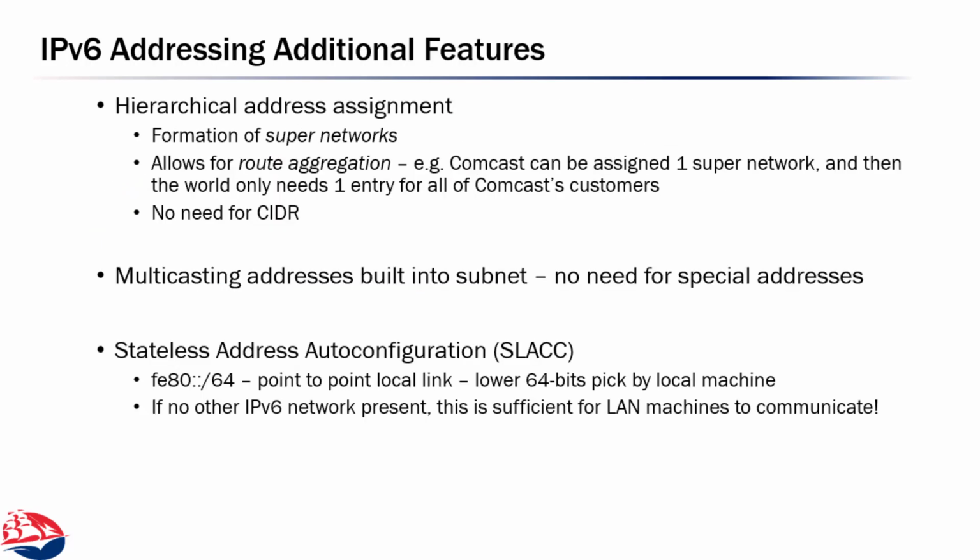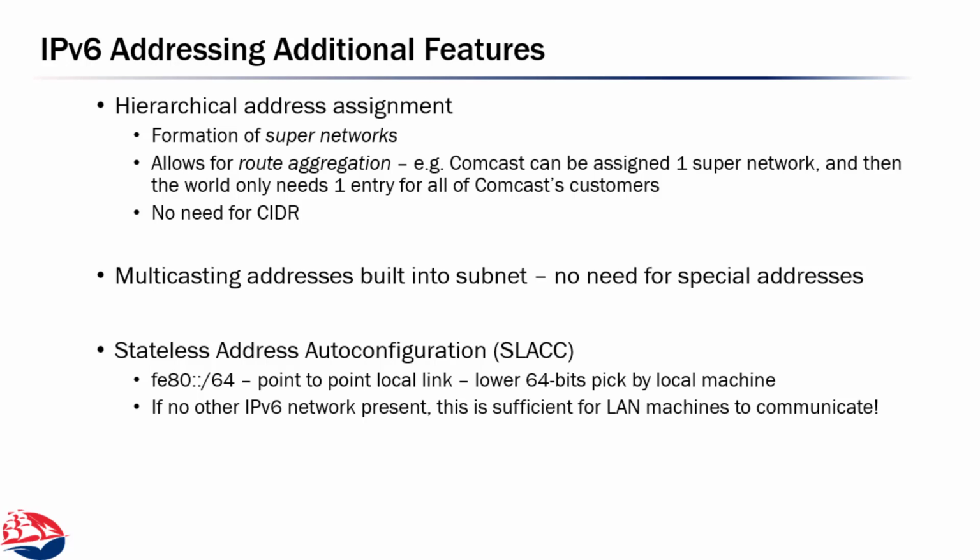IP6 uses additional features that include hierarchical address assignments, just like what we saw for IP4, except that the assignment of networks can create what are called super networks. So you can imagine Comcast using IP6 is assigned one super network address.